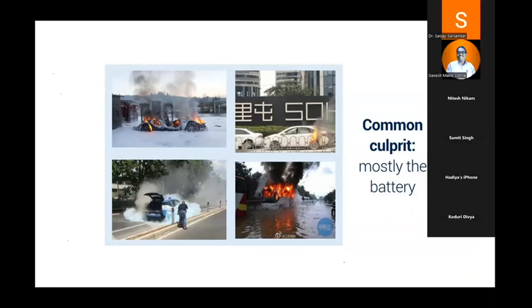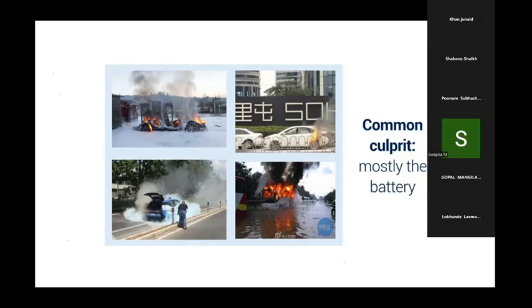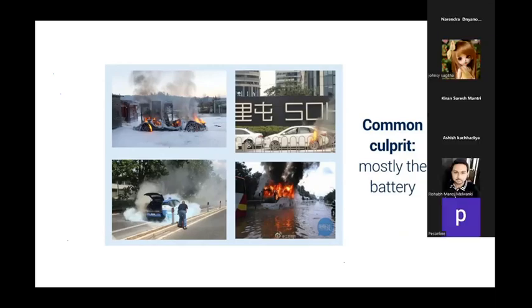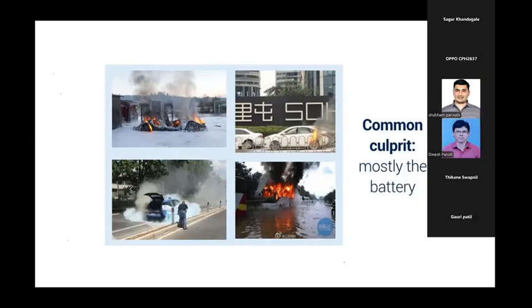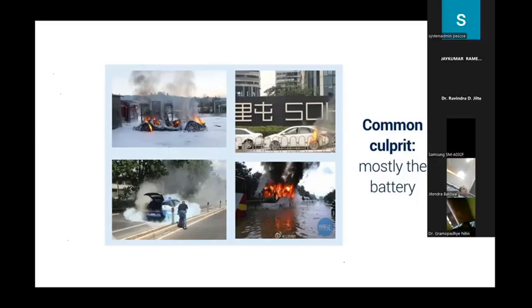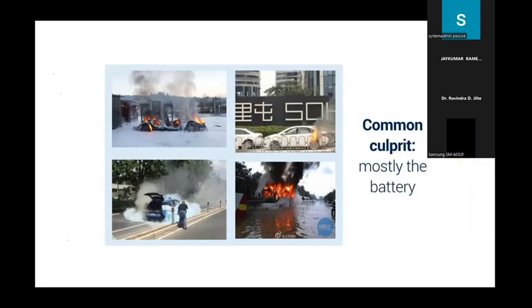The users, that is the consumers or customers of the car, are not that confident to use electric vehicles after seeing so many instances of electric vehicles catching fire. And surprisingly, when we try to analyze the situation, we have found that the most common culprit is the battery.